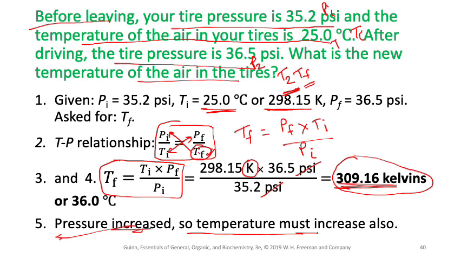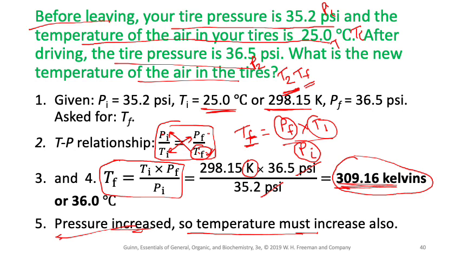Put TF on the top and PI on the bottom. You will get PF over PI, and then move this TI along with PF. So this is how you get TF. This is called cross multiplication, another way to reshuffle the equation to get the final required answer.